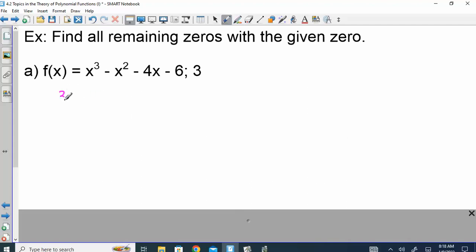So if we start with our synthetic, one comes down. 1 times 3 is 3, adds to 2.